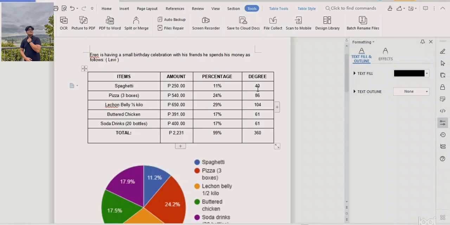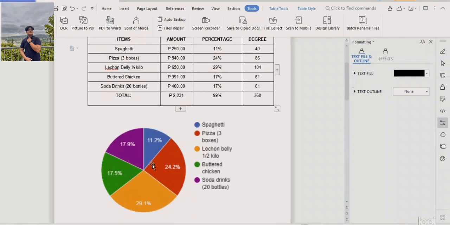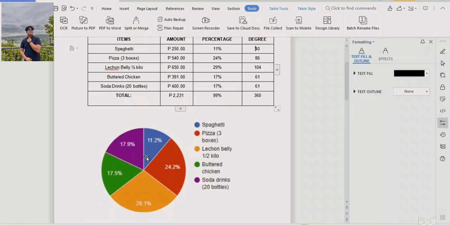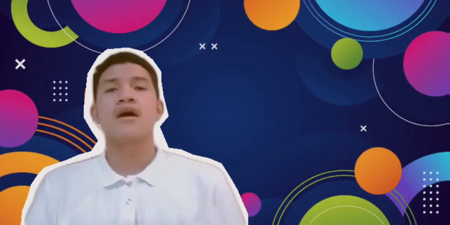Now that we have these degrees, we can properly form our pie chart. So 11% is 40 degrees. If we were to measure it with a protractor, this angle here would be 40 degrees. And so on for the other angles. So that is this problem solved.